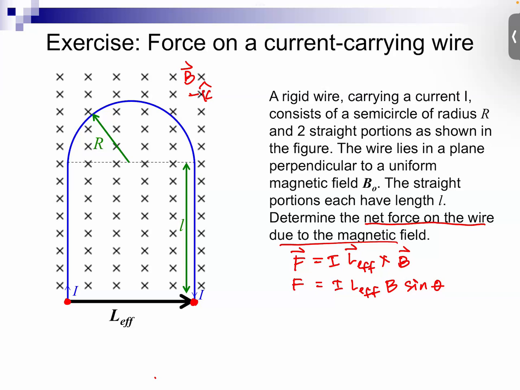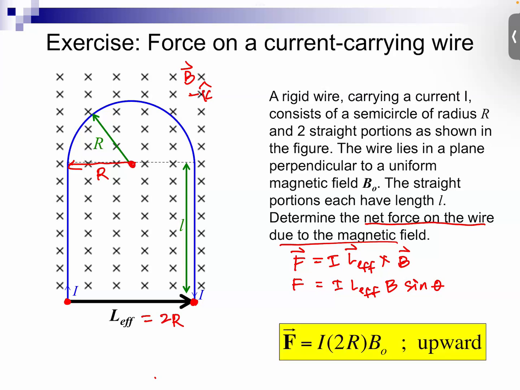Right. What's your effective length? If that's the radius r, then your effective length is essentially 2r. And hence the magnetic force is the current times the effective length, which is 2r, times the magnetic field magnitude.